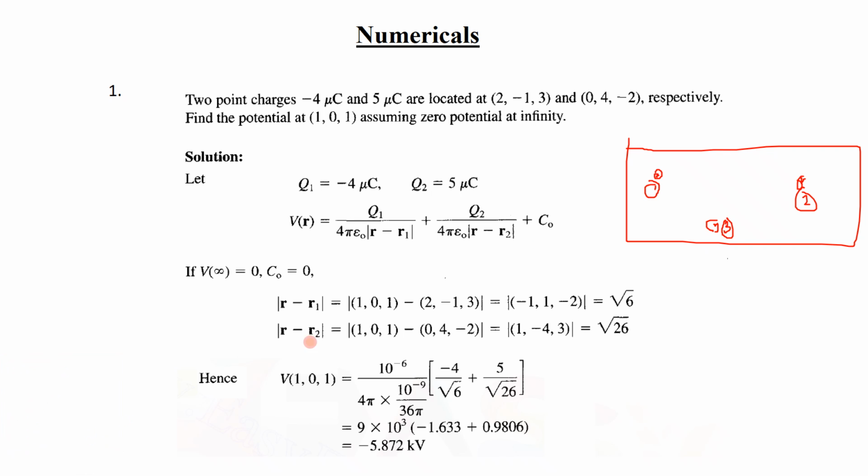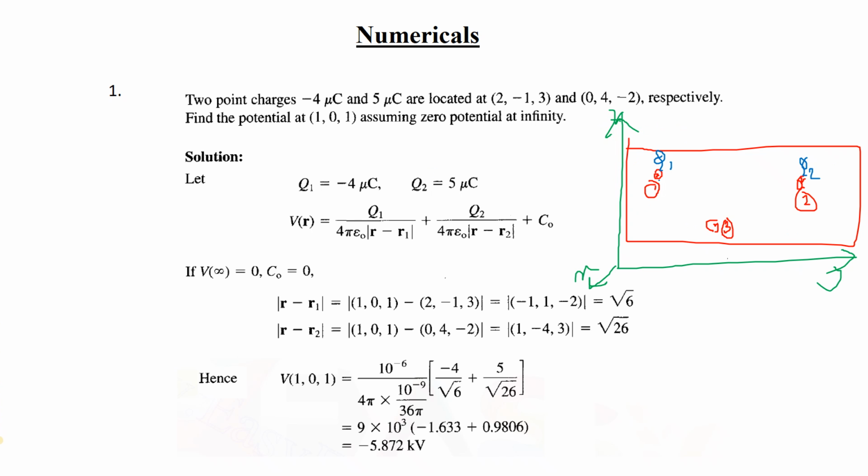Now in point number 1 we have a charge q1, and in point number 2 we have a charge q2. Now these 2 charges are there, and we know the distance between them, because these charges are in the Cartesian coordinate system, x y z plane.